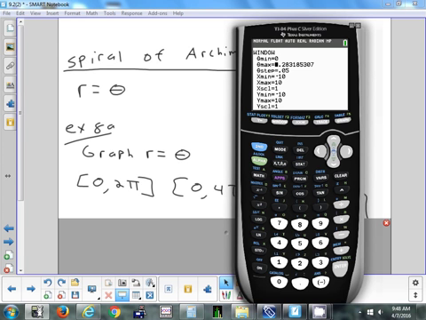Well, what do we know about the radius and the angle in this type of spiral? They are the same. So if the biggest your angle can get is 2 pi, the biggest your radius can get is 2 pi, about 6.28 units. So if I go from -10 to 10, the spiral is going to stay on the screen.